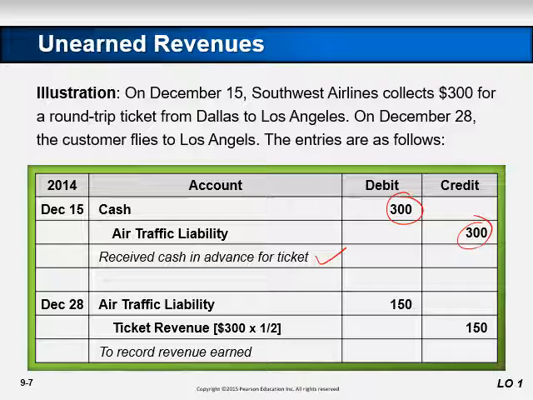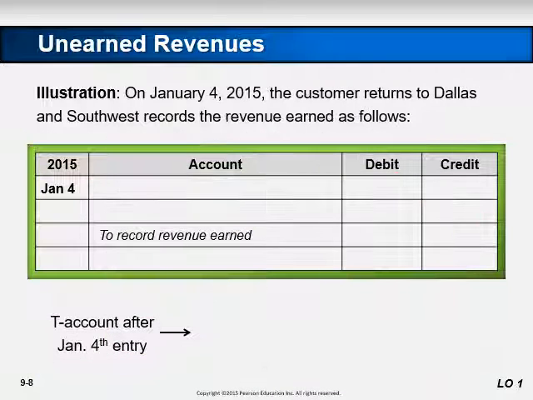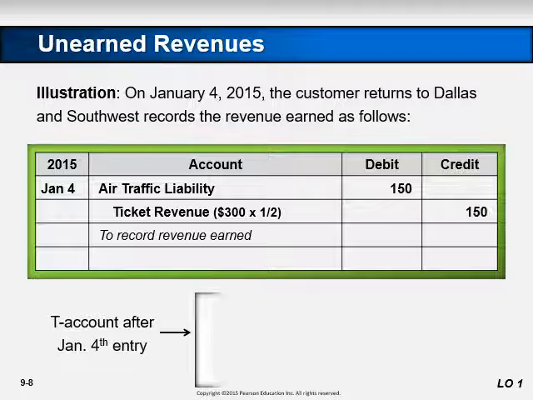Then unearned revenue to revenue, or air traffic liability to ticket revenue. Now this is the sale. But since it's a round trip and you issued only one side, it is 150. When the other trip, back from the destination to the home country, takes place, again you record the 150 entry there as well.